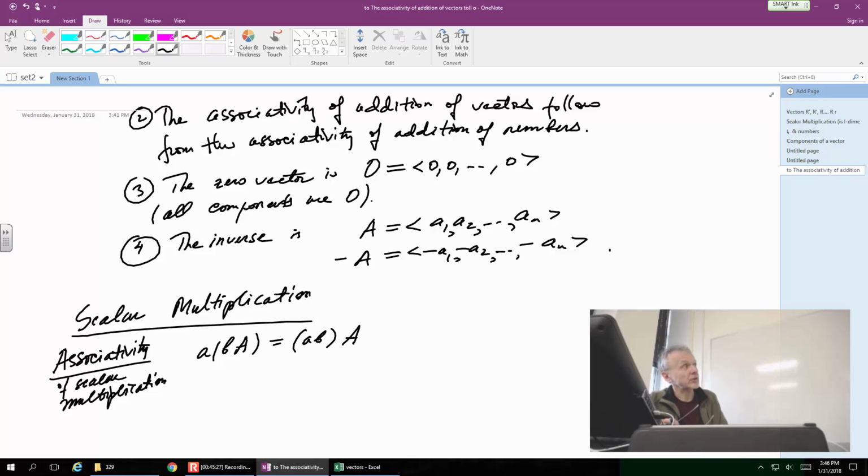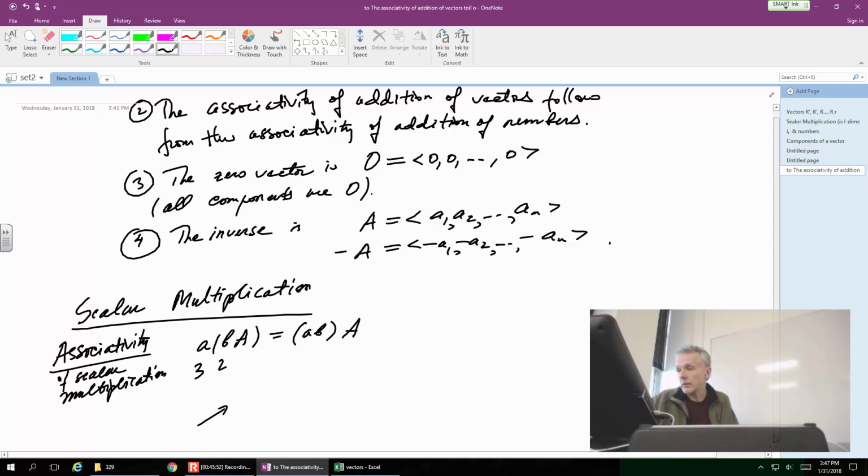So as you can see, these are two technically different operations. I first multiply A by b, and then by a. Or I first take care of the numbers, that's on the right, and then I multiply. It's really not very hard to illustrate with just examples, say b is equal to 2 and a is equal to 3. So over here I start with vector A, and then I double it first.